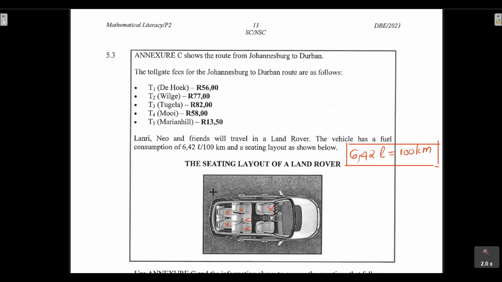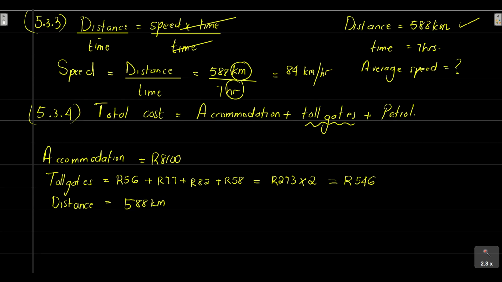What I like to do is just write that if I travel 100 kilometers, I'm going to use 6.42 liters. You're going to use this equation to help us determine how many liters of petrol I am going to use. So with that 588 kilometers, you're just going to multiply.